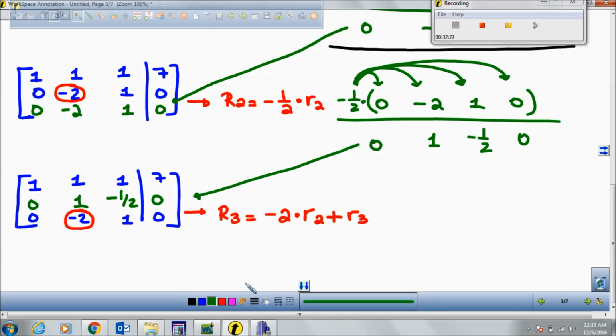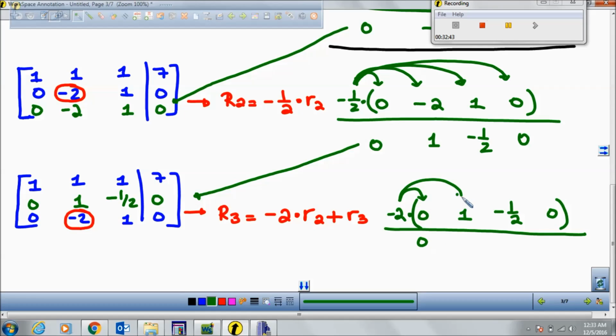So row 2, it's 0, 1, -1/2, 0, and you're going to multiply this one times -2. So -2 times 0 is 0, -2 times 1 is -2, -2 times -1/2 is going to be a +1, and then -2 times 0 is going to be 0. And then to this one, you're going to be adding every number in row 3. So 0, -2, 1, and 0.